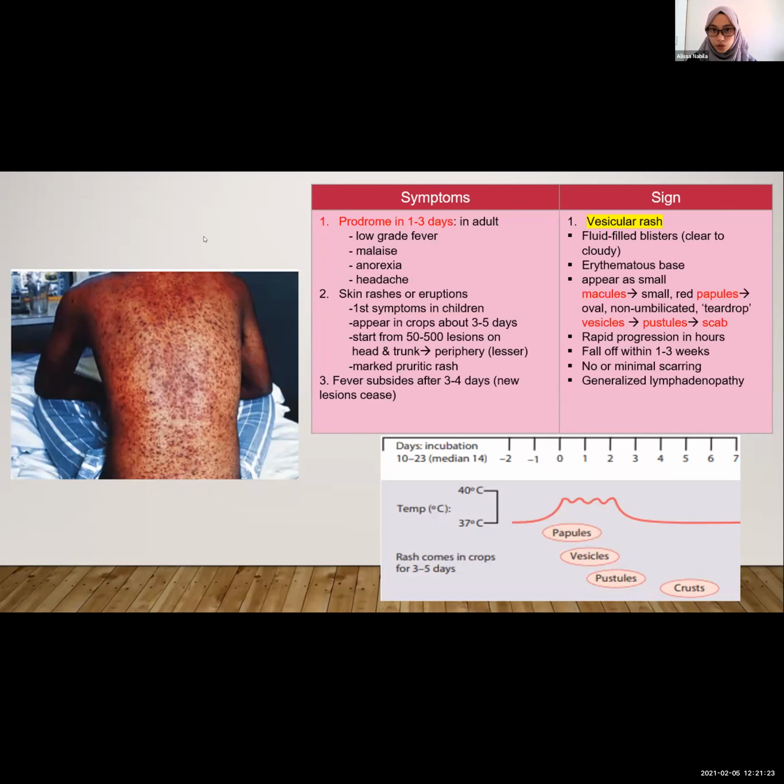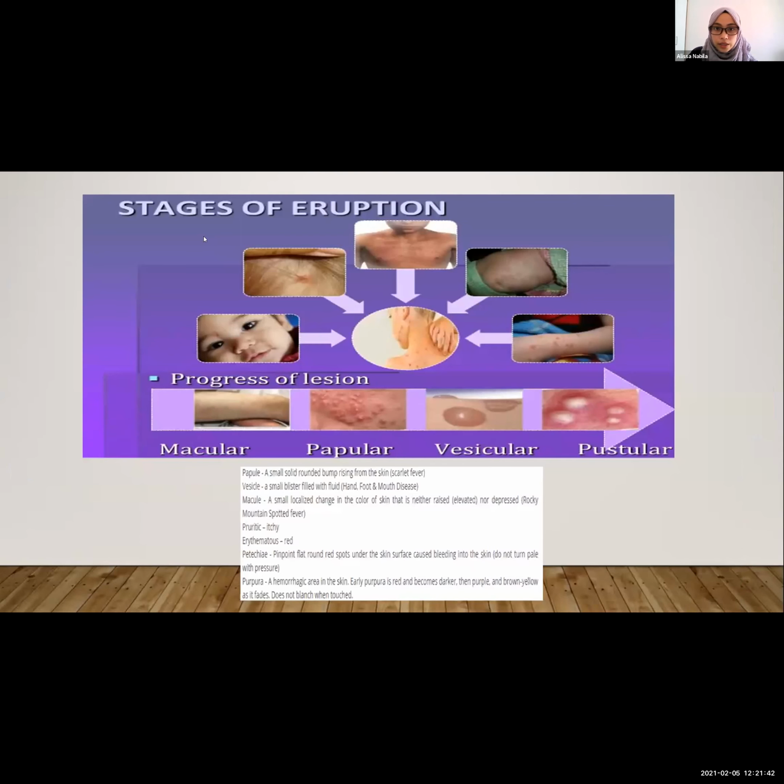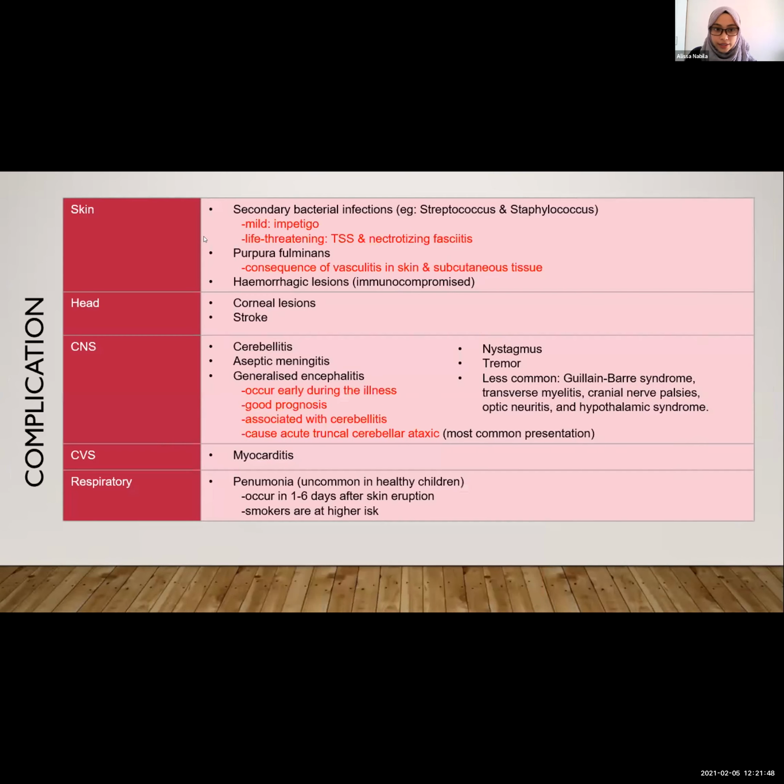So once the patient comes to us with these characteristics, we can identify multiple stages of the rash. Some lesions are healing and some are still newly developed. The scabs usually fall off within 1 to 3 weeks. It is associated with no or minimal scarring, compared to shingles, and they will have generalized lymphadenopathy. These are the stages of eruption and the definition of each stage. You can read it later.